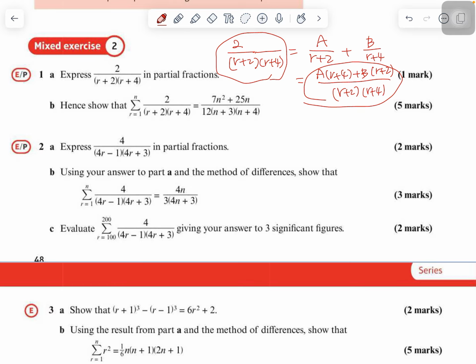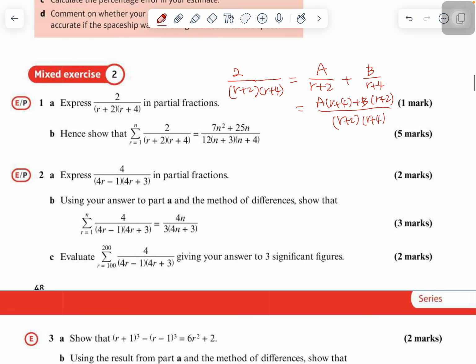Now we have the same denominator, so we need the same numerator. So 2 becomes a times r plus 4 plus b times r plus 2. When it says identical, it means this is an identity: whichever the value of r, this is always true.